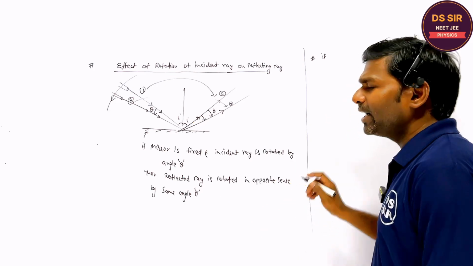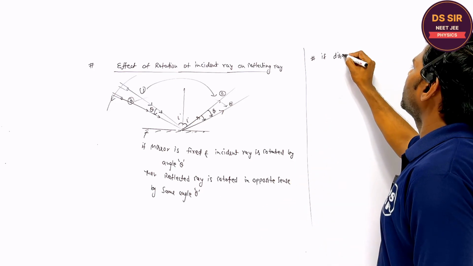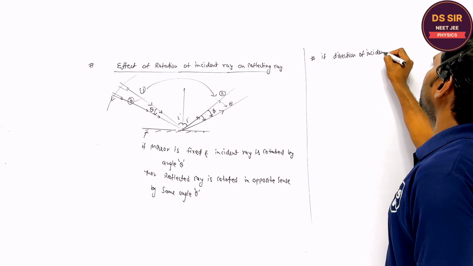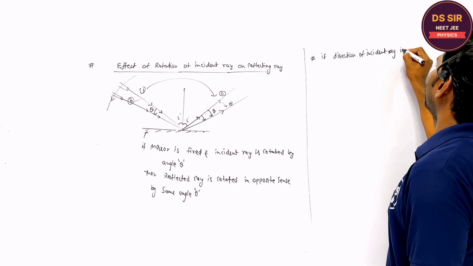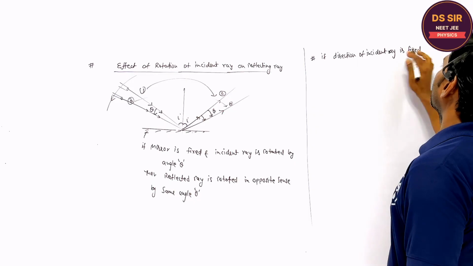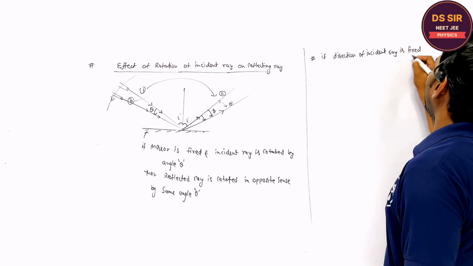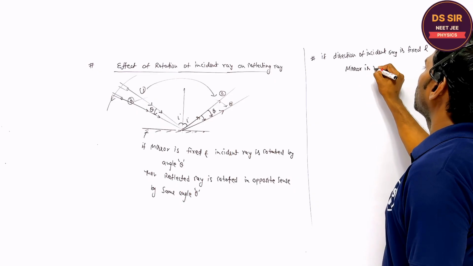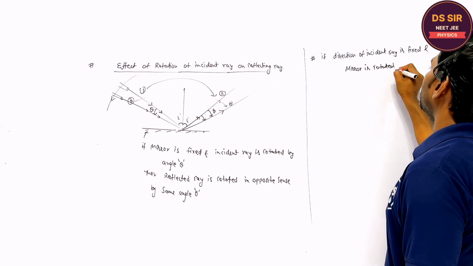Now if the direction of the incident ray is fixed, and the mirror is rotated. Is it clear or not?